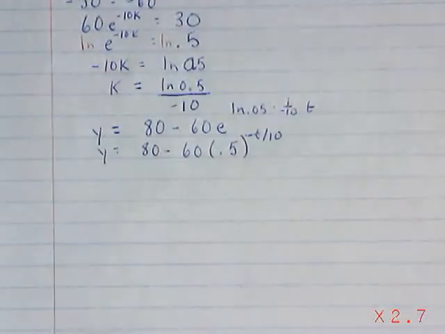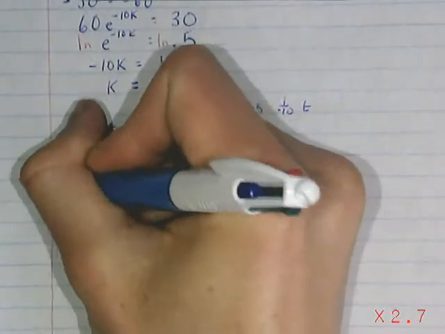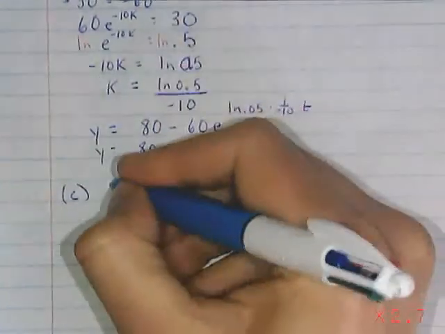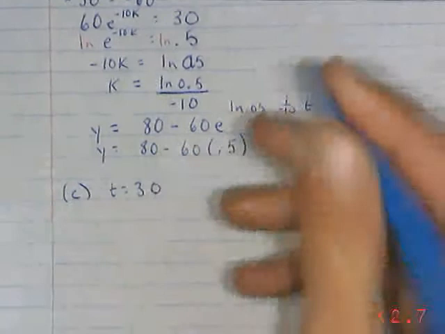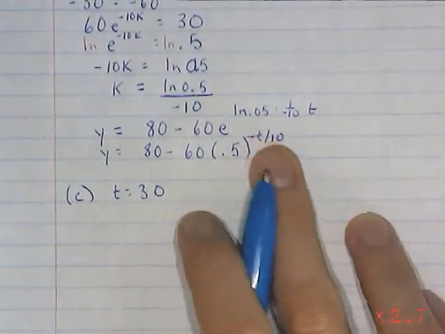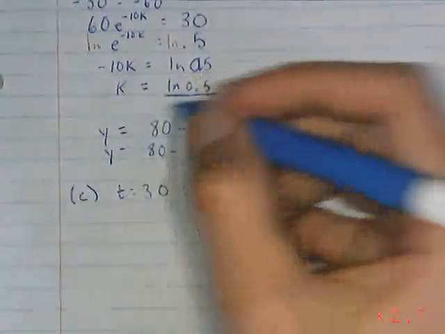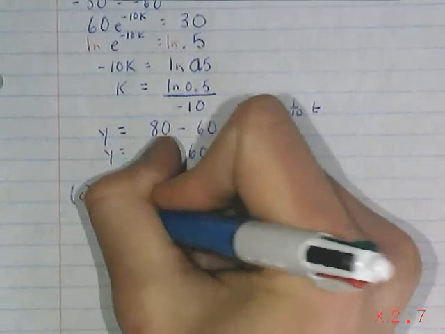So let's see how this function does with a value of 30, for example. So, I'll call this part C, let's say. After 30 days, what does our function with our worrisome negative sign tell us our output should be?